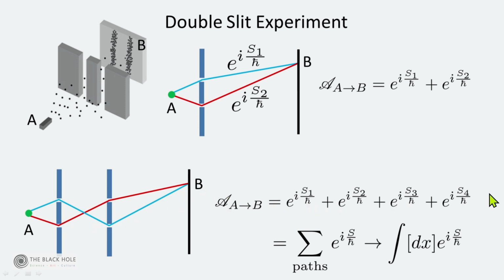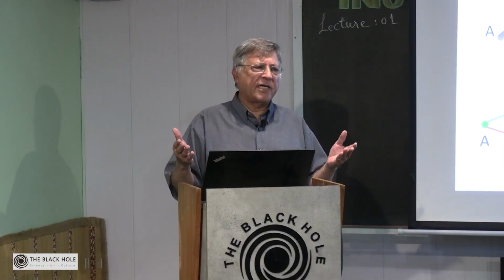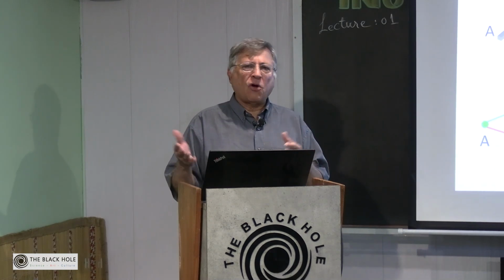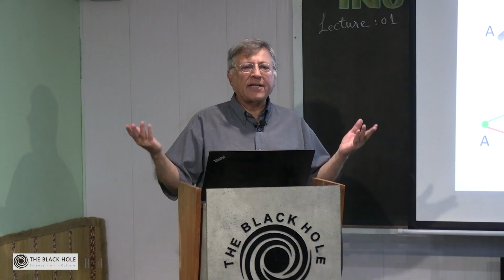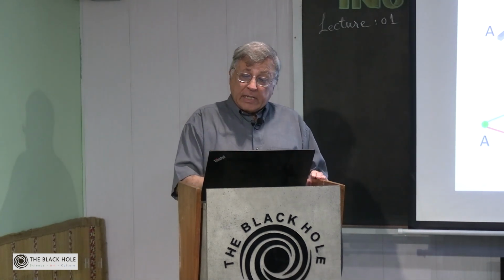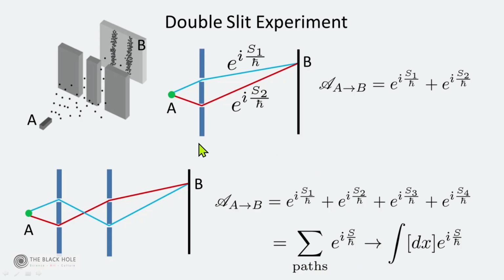So we have a total of 4 paths, and the rules of quantum mechanics say that you multiply the amplitude by its complex conjugate, and that gives you the probability of going from A to B. In other words, to get the amplitude, you have to sum over all the paths, which are 4 in number. And now this is leading us to the idea of the path integral.